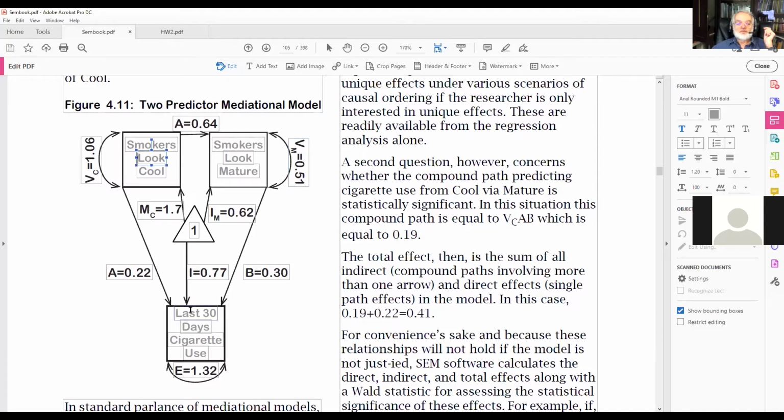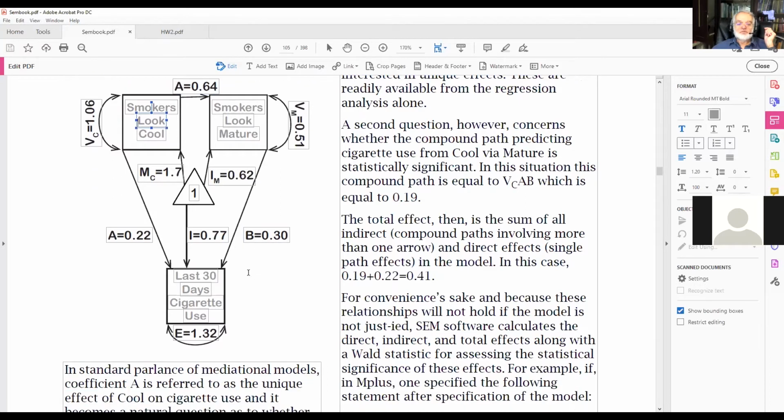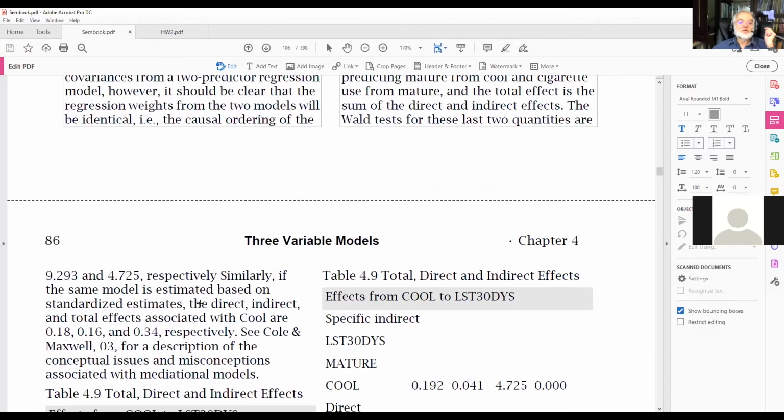And the indirect effects consist of all of the compound paths traveling from one variable to another. So in this case, Smokers look cool, this variance times this times 0.30. And the product of those three numbers is what we're looking at down here in our indirect effect.